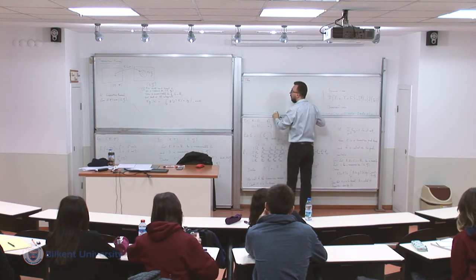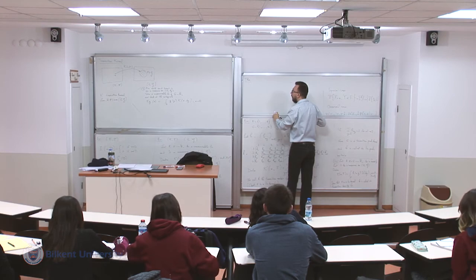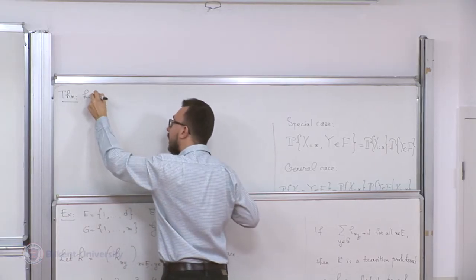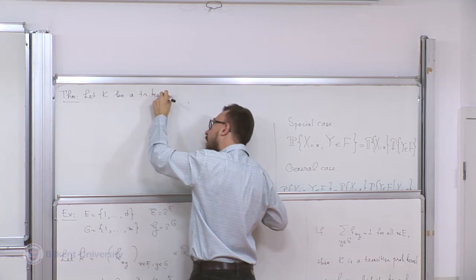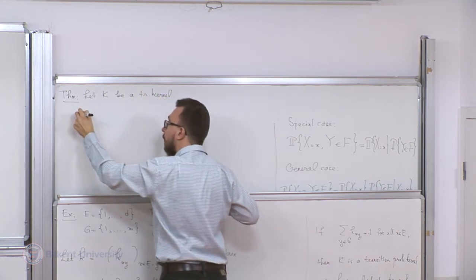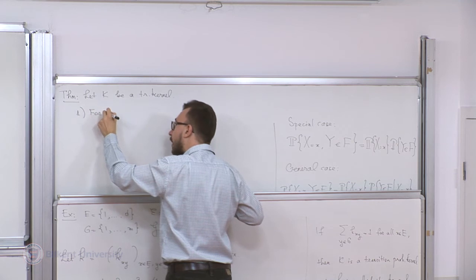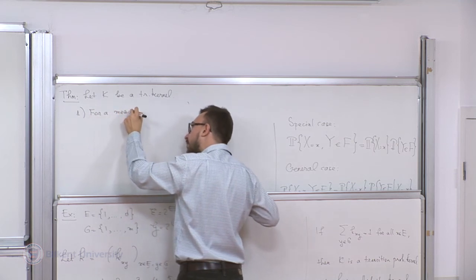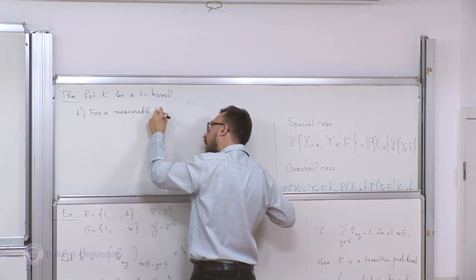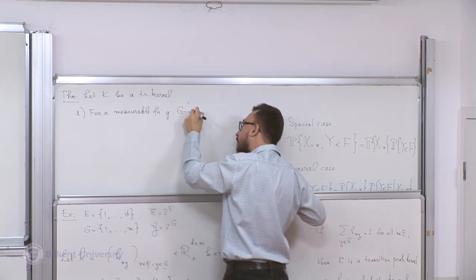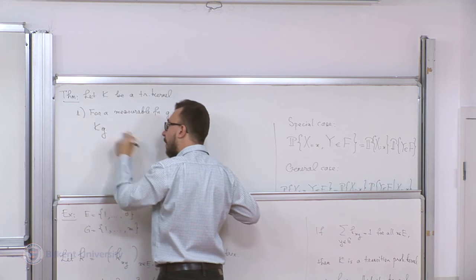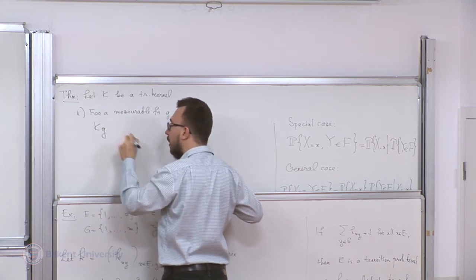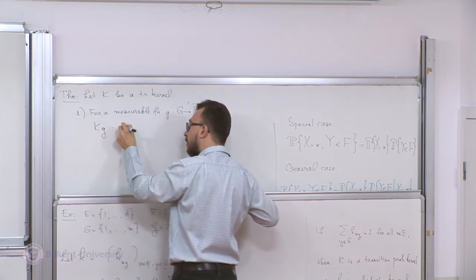Okay? So let K be a transition kernel, etc., etc. So for a measurable function g on the second space, Kg, which is defined on the first space, right?